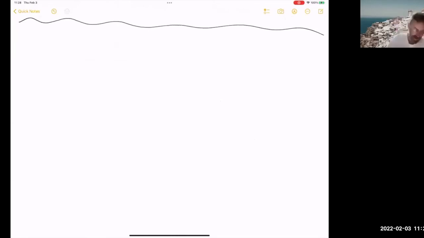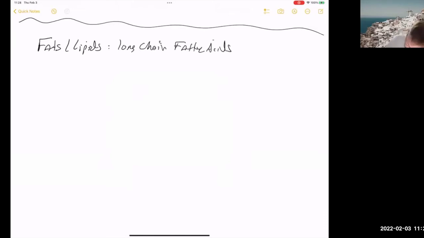And the fats, lipids, are almost always in the form of what are called long chain fatty acids, at least in the human body, right? So the common structure is something called a triglyceride.